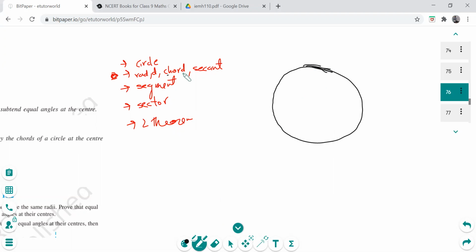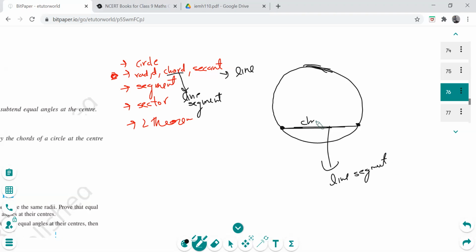So a chord was a line segment, and a secant was a line. This guy right here is a chord because it's a line segment. It has endpoints on both sides. That's why it is called a chord. Now, if I draw a line, then this guy will become what?